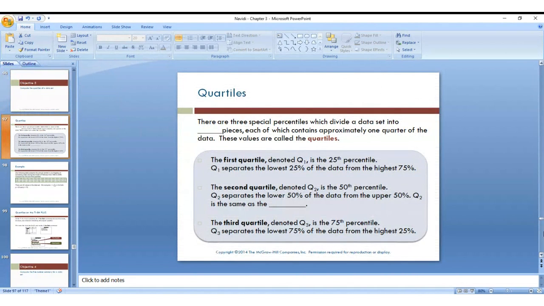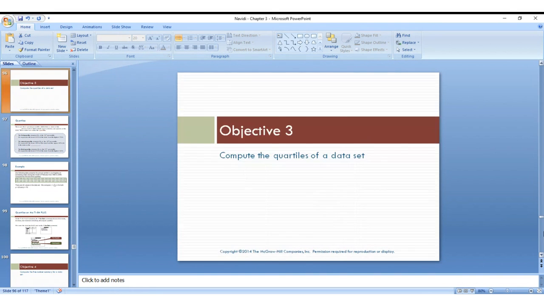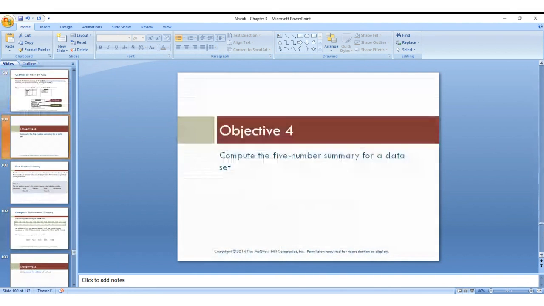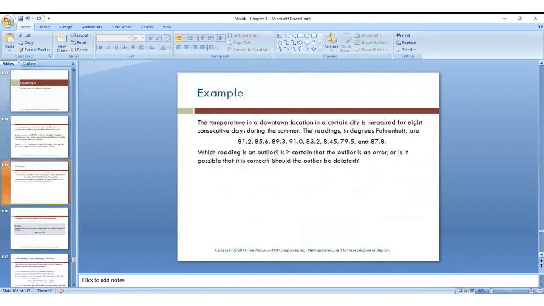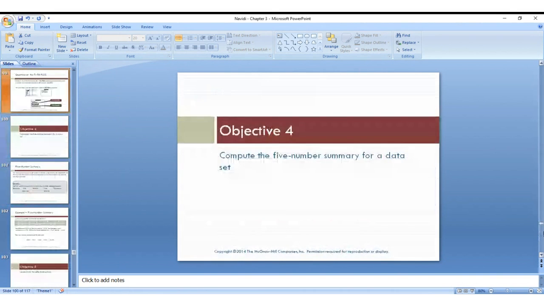Now, remember, the median is the middle of the data set. It's right smack dab in the middle. It's a visual middle. And the second quartile, when you divide the... See, I thought they might have a nice little drawing in here.